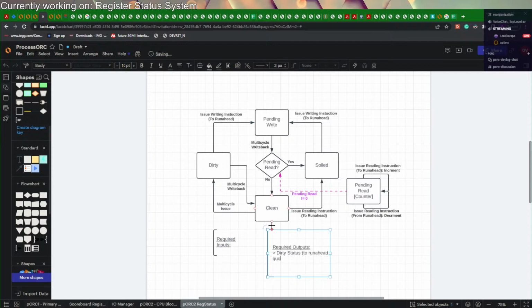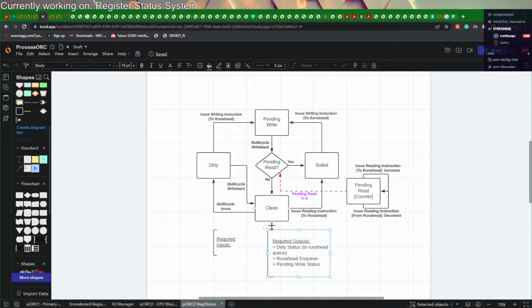Run ahead queue. Run ahead and queue. I think that's it.